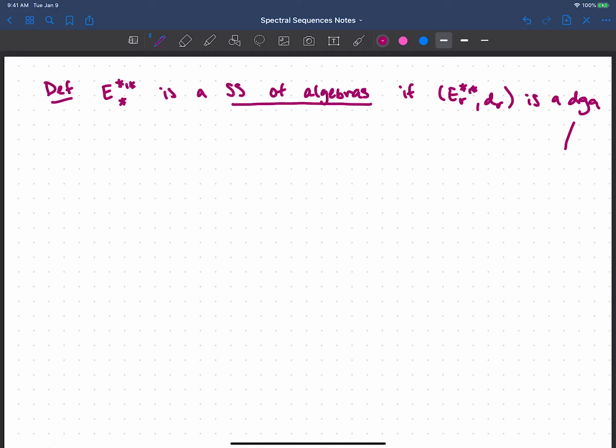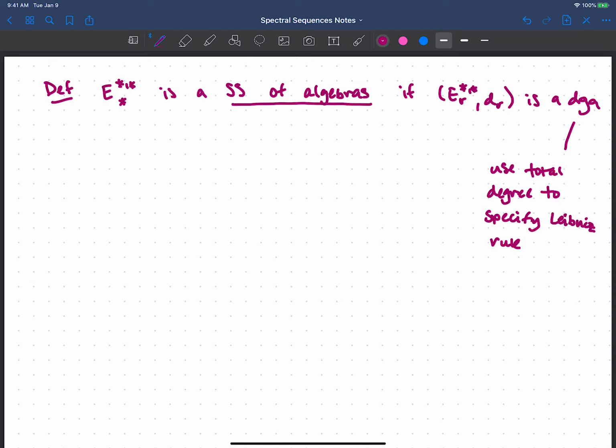So what do I mean by degree here? Well, here we should use the total degree to specify our Leibniz rule. So if I multiply something in the PQ spot by something in another spot, then I'm going to use P plus Q as the degree of that thing when I move the differential past it.